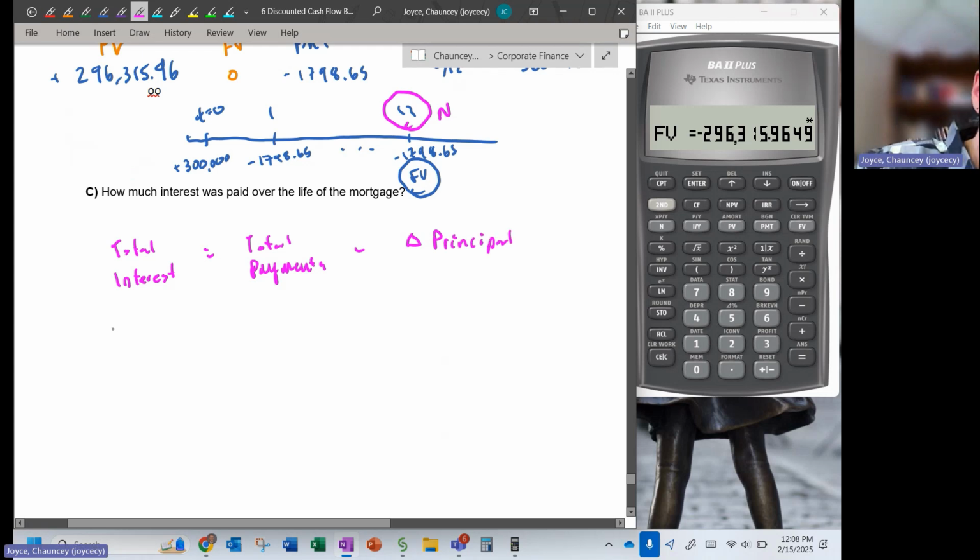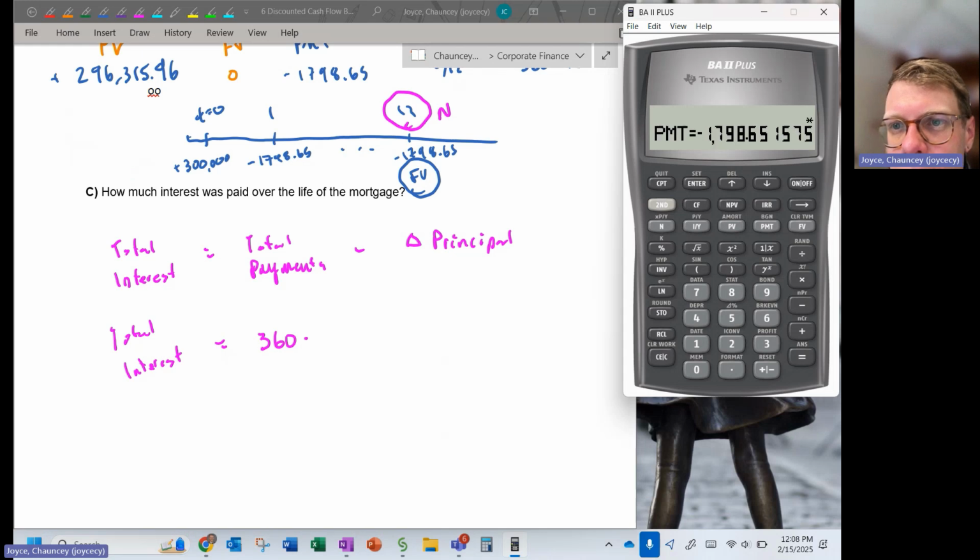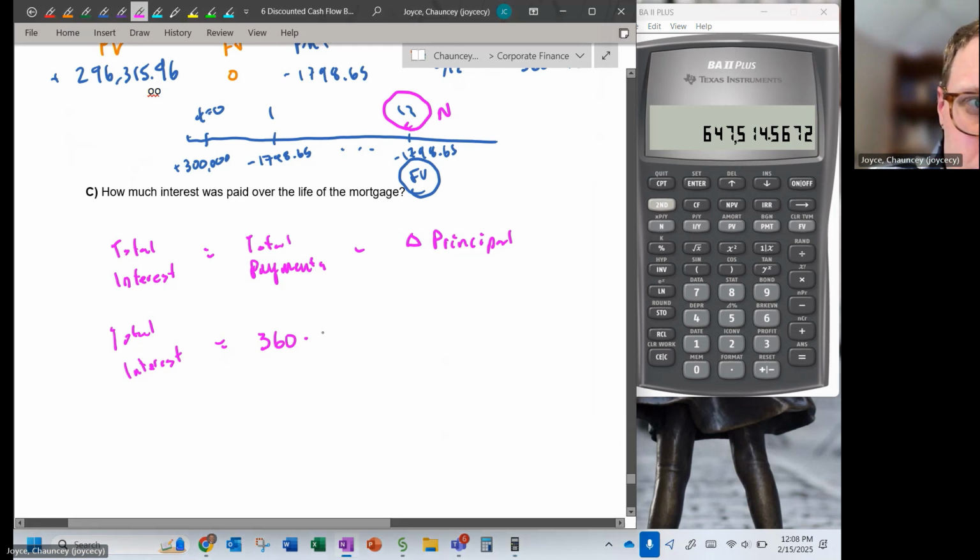So total interest are your total payments of 360 times, compute for your payment. This payment times 360. That was 1798.65 minus a change in principal.